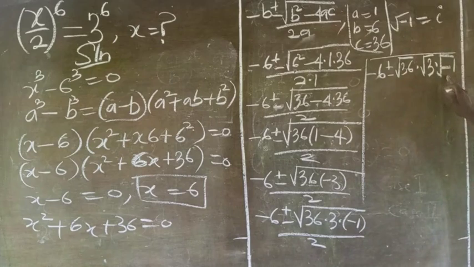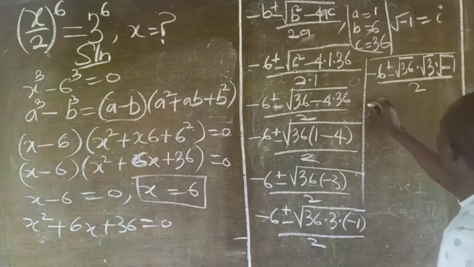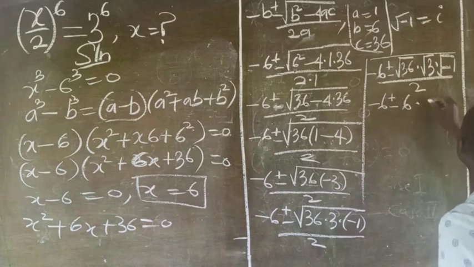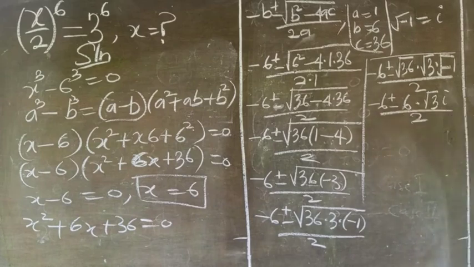So in the place of square root of minus 1, we're going to put i. Remember, this is over 2. Don't forget. So we now have minus 6 plus or minus square root of 36, which is 6 times square root of 3 i, over 2.